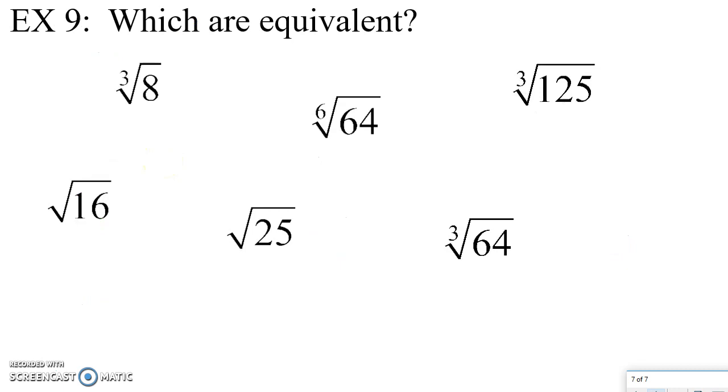All right, now I want to see which are equivalent. So take a minute, pause this, and go through and evaluate. So get numbers for each of these to see which ones are equivalent. So pause it, but then after you do that, so we should get 2 here, 4, 5, 4, 5, and 2.